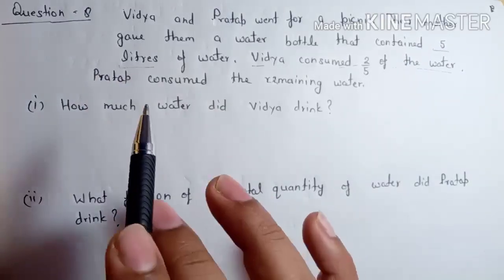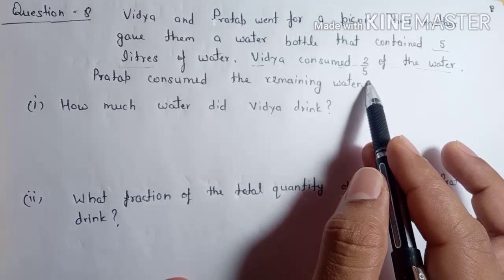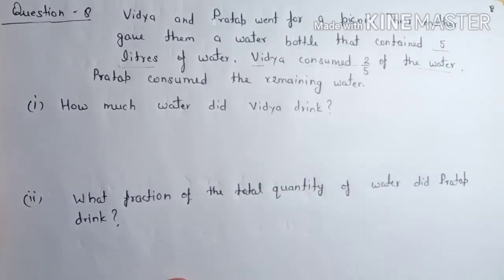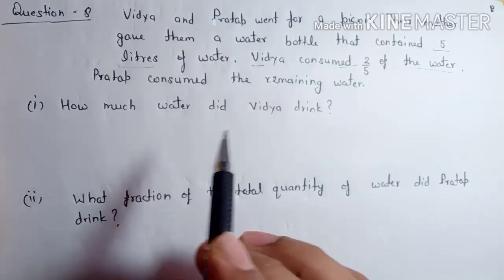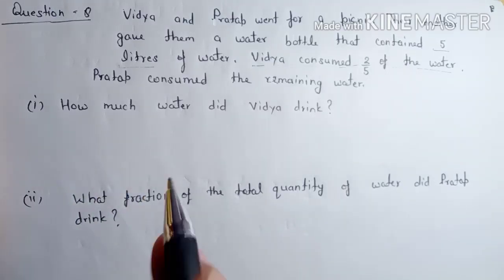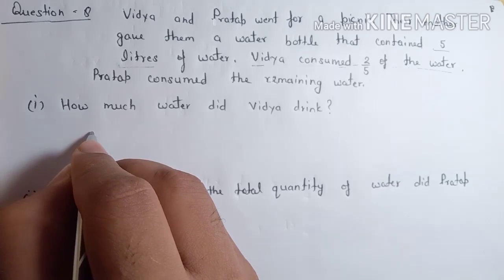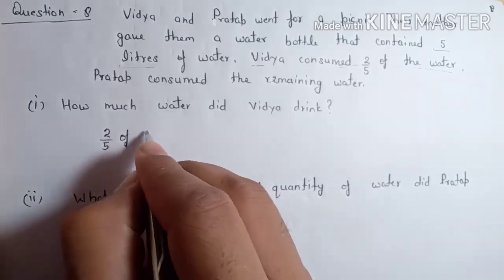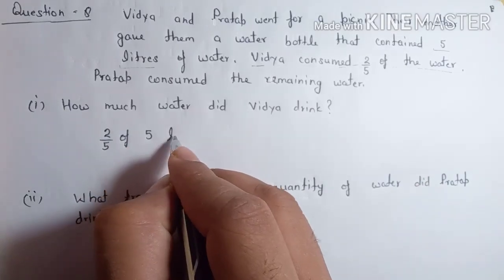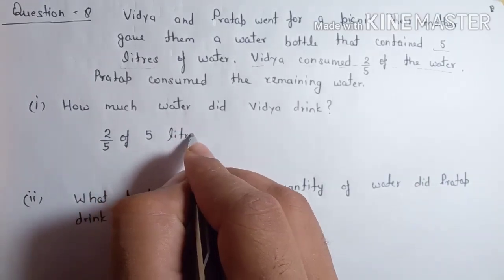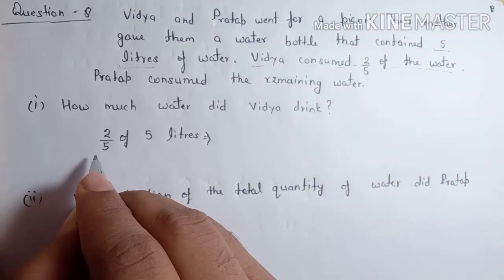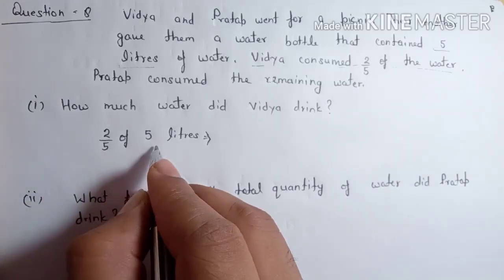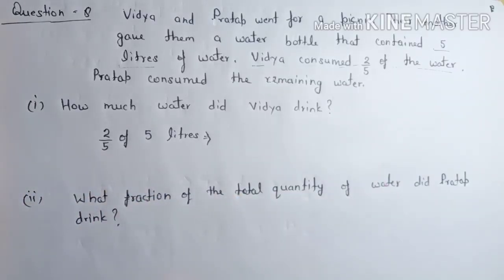Means Vidya consumed 2 upon 5 of this 5 liter. So you have to find in liter how much water she consumed. So find 2 upon 5 of 5 liters, and this is the part of the 5 liter water that Vidya drank here.